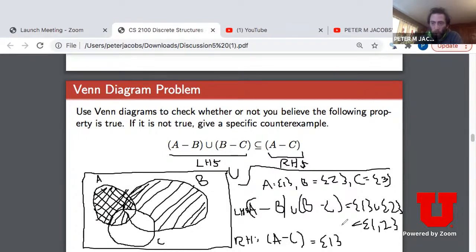If this statement was true, then for every triplet of sets A, B, and C, it would be true that the left-hand side would always be contained in the right-hand side. But here we have an A, B, and C where that is not true. There now exists an element in the left-hand side which is not an element in the right. Are there any questions about that?